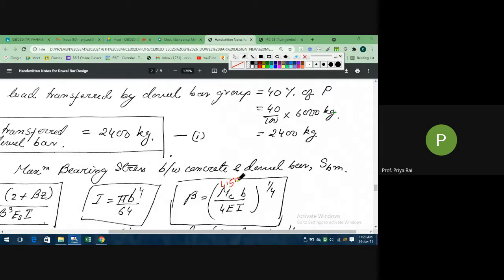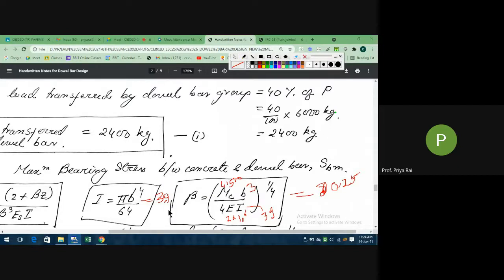This B is 3. This E is 2 into 10 to the power 6, right? And your I came out to be 3.9. Substitute and get the value. Beta is how much? 0.25. So your I is 3.9, and your beta is 0.25. You can write it.